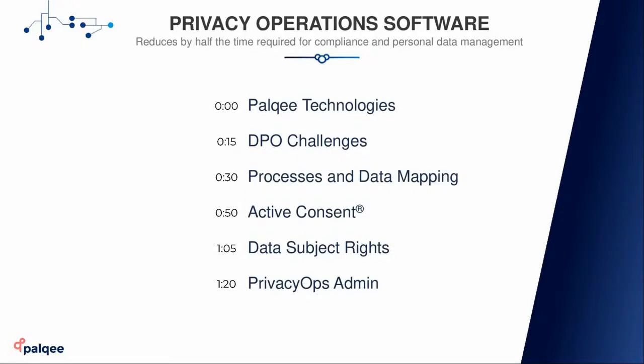So all those activities are what we call privacy operations. And those tools facilitate and help you navigate through those activities. In fact, they're proven to reduce by half the time required to comply with personal data management within an organization.